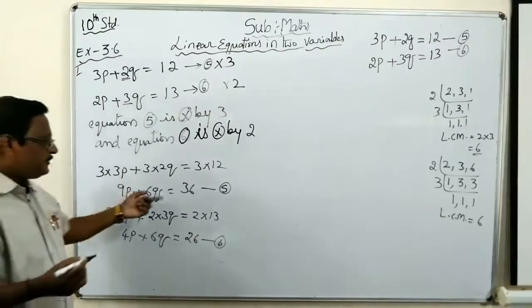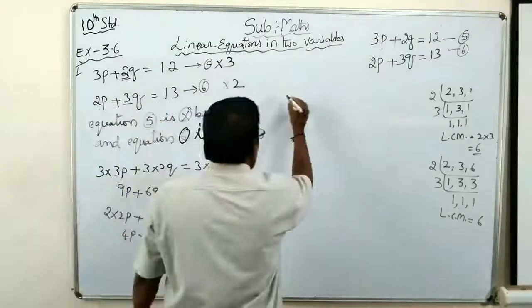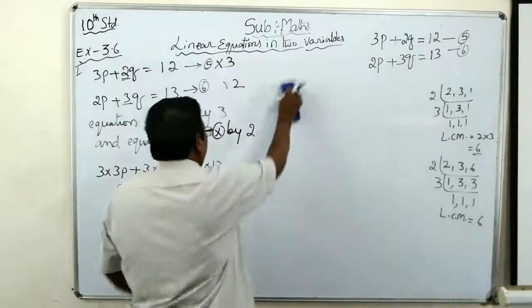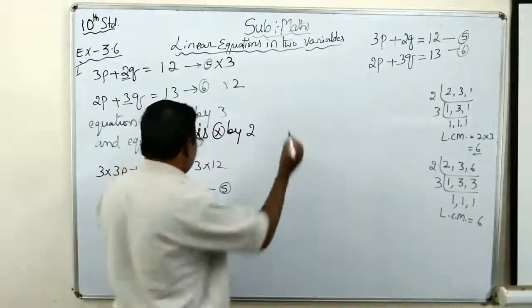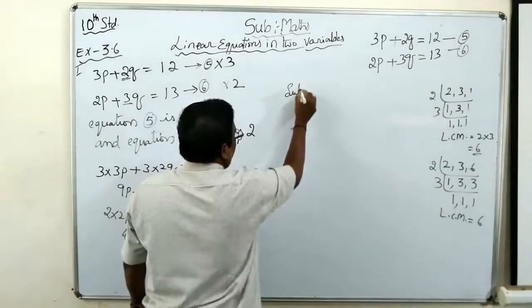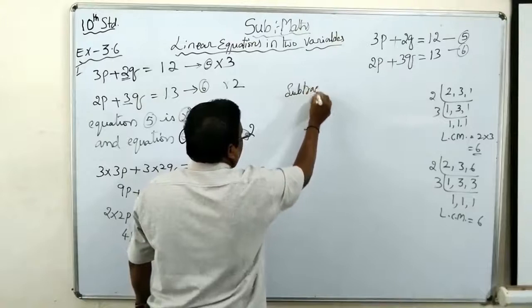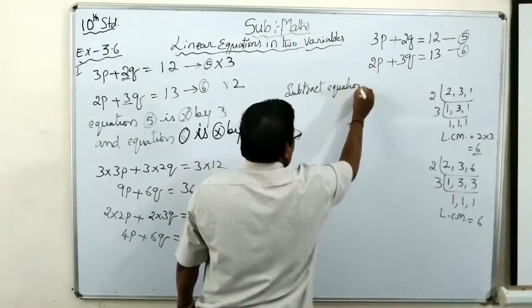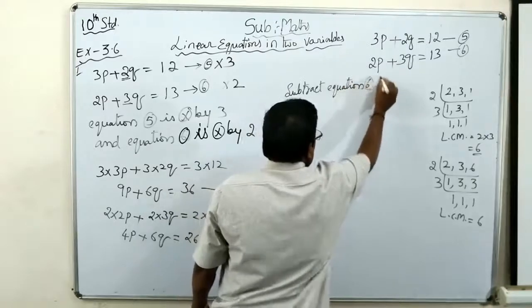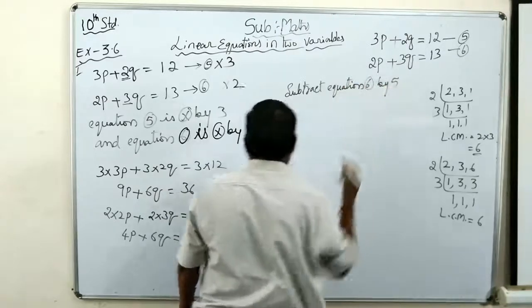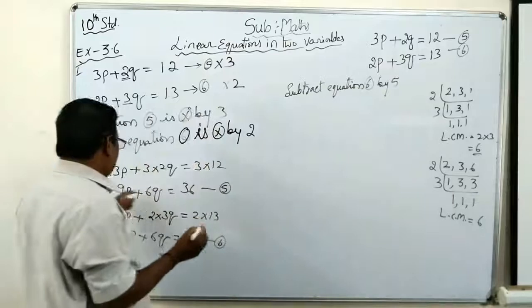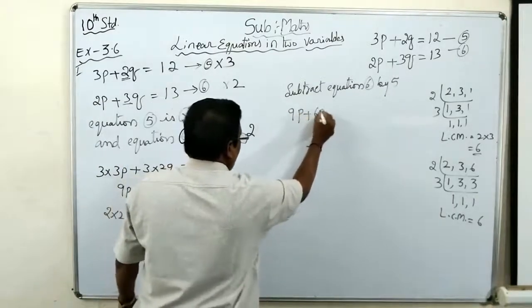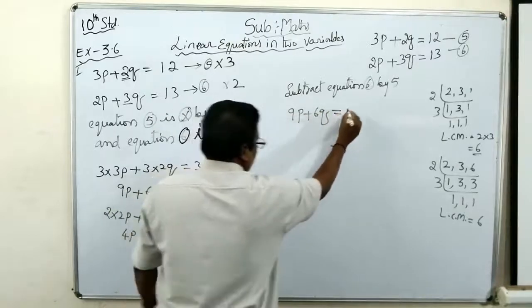Here, the fifth and sixth one, you see, subtract equation 6 from 5. It means the fifth equation is 9p plus 6q is equal to 36.